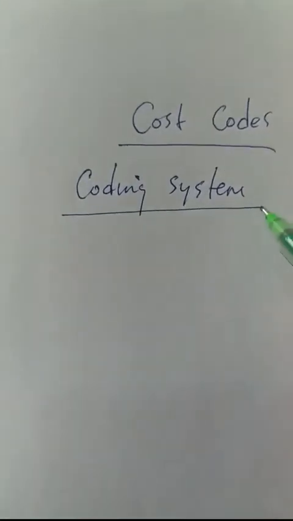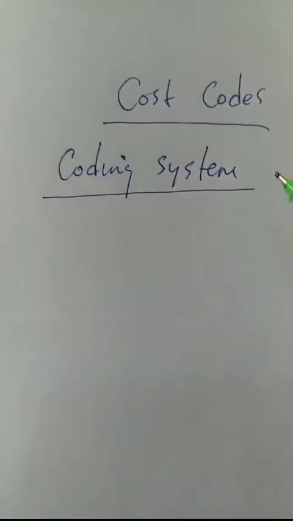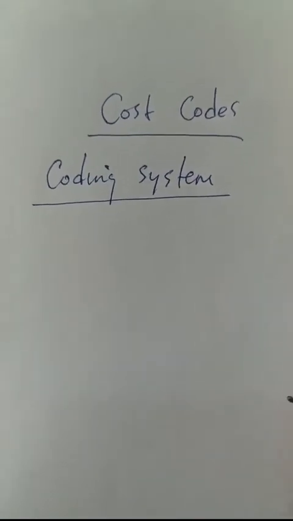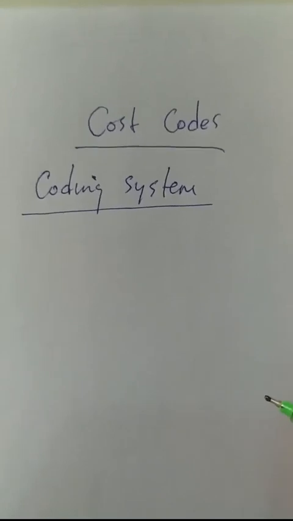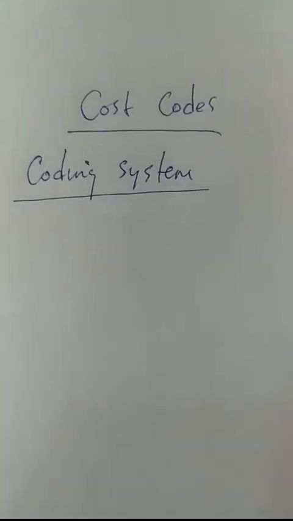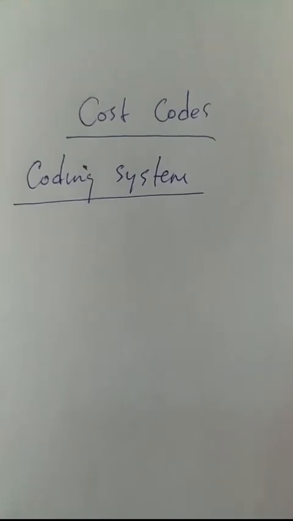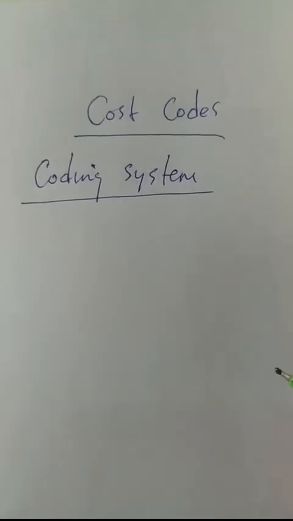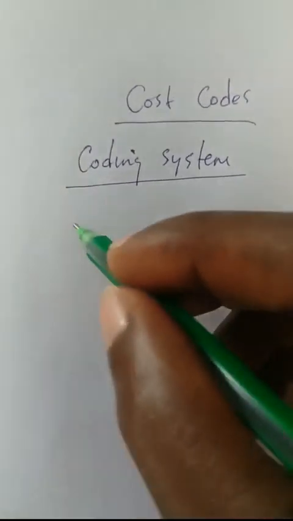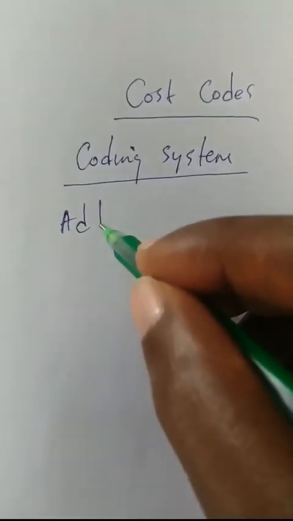A coding system is basically just the codes that you choose to come up with as a company, which will help in data processing instead of using descriptions and the like.